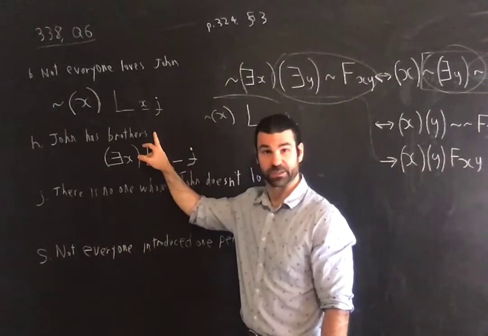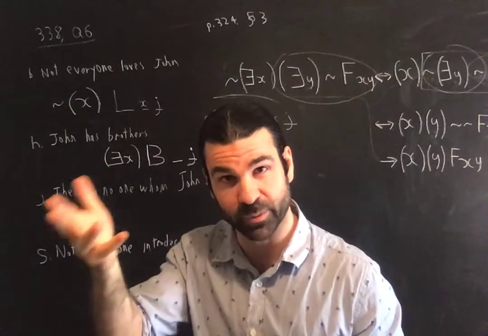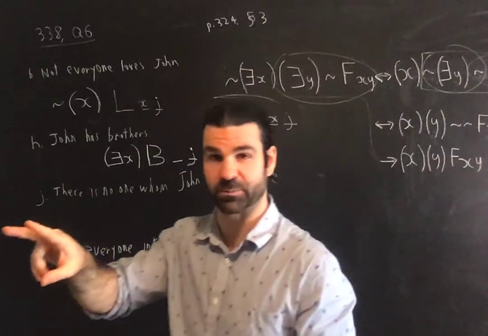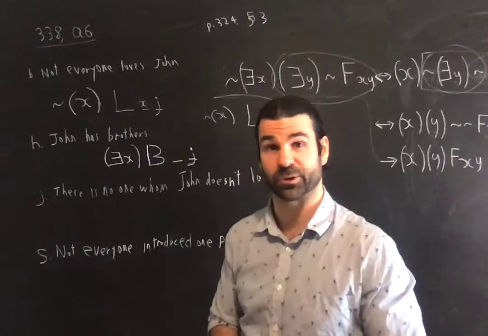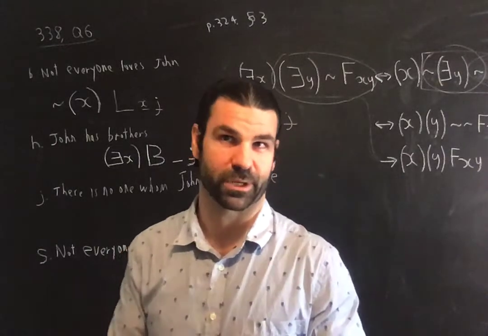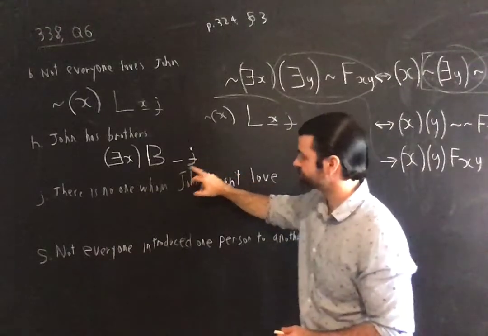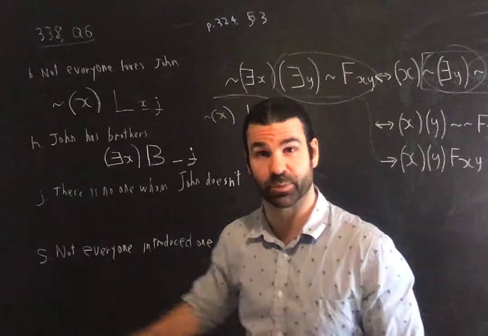This is just rephrased as, rephrased means given a different formulation which is equivalent in meaning, true in the same circumstances, false in the same circumstances. Remember back to paraphrases, from the technical meaning of paraphrases from unit 3 or 4 or whatever it was. John has brothers. My paraphrase was, there exists an x such that x is the brother of John.